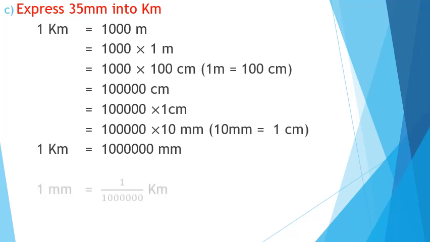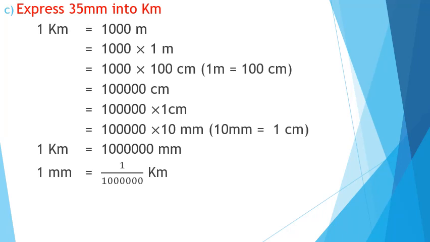Therefore, 1 millimeter equal to 1 upon 10 lakh kilometer. So the conversion from 1 kilometer equal to 10 lakh millimeter, till this it is not compulsory to show in the answers.